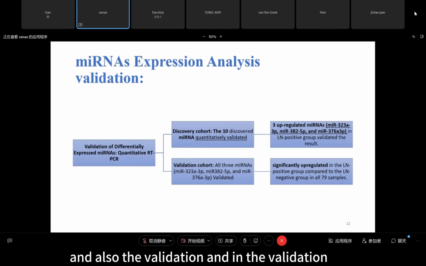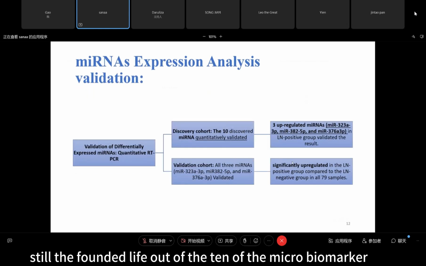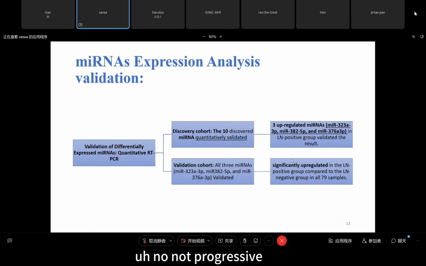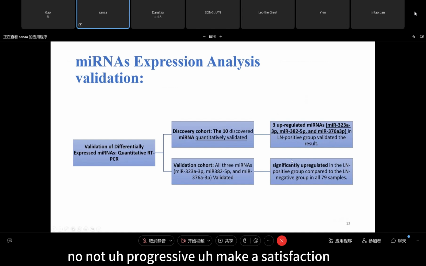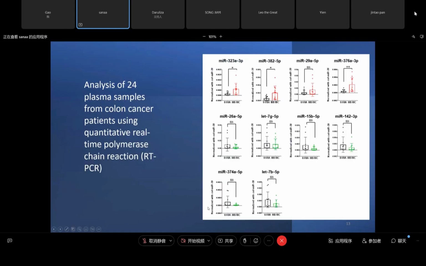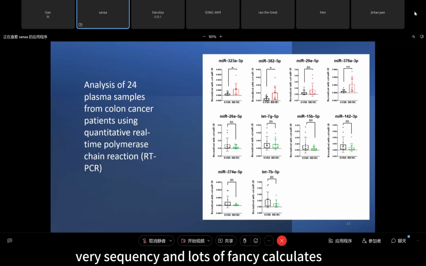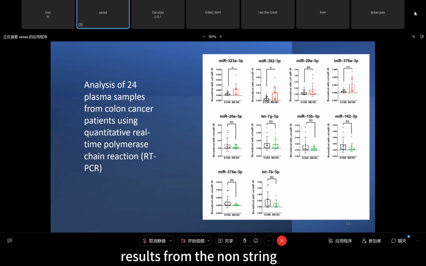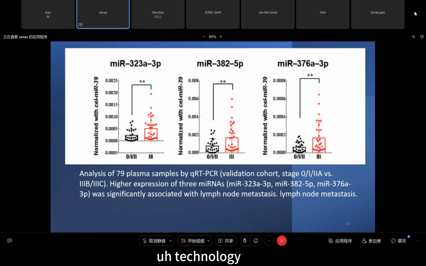In the validation step, out of the 10 biomarker microRNAs, 3 of them were significant with lymph node positive metastasis patients. Here you can see the analysis of 24 plasma samples from colon cancer patients using quantitative real-time PCR after validating the result from the NanoString technology.